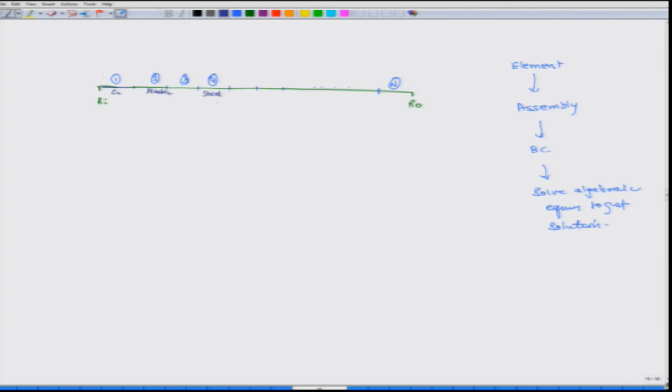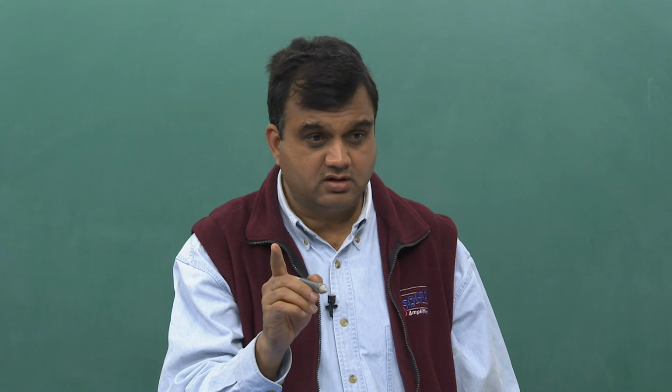But when you have an element level formulation, you can avoid these problems. If you have very jumpy material properties, for instance a core of copper, outside that plastic, then outside that steel, what you can do is make the first few elements such that the boundary of the last element terminates with copper. So when you are developing element level equations, you put in the value of k as that of copper.